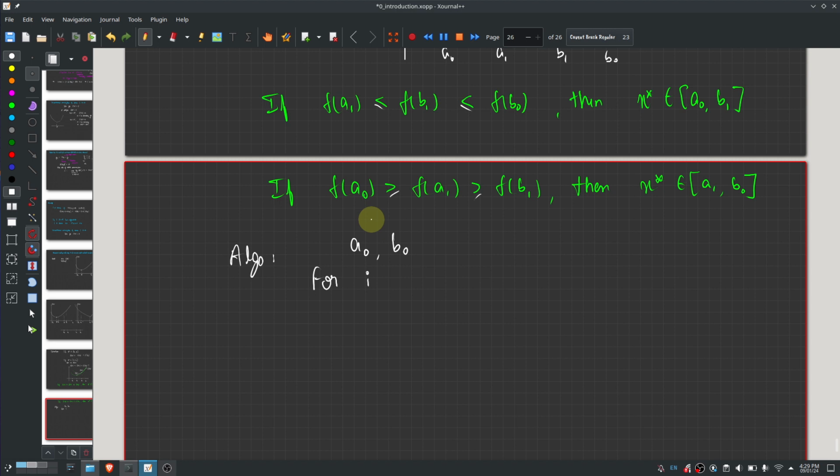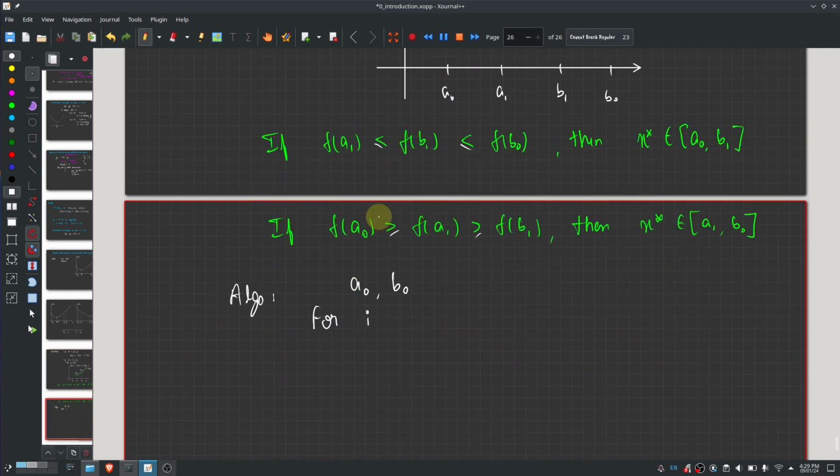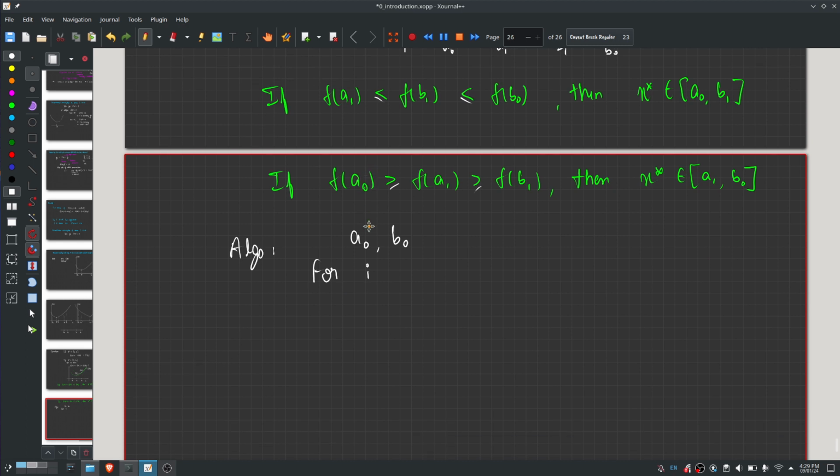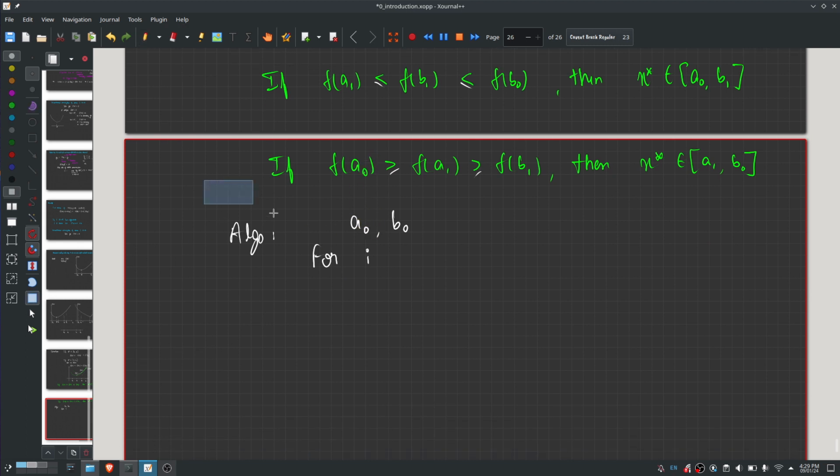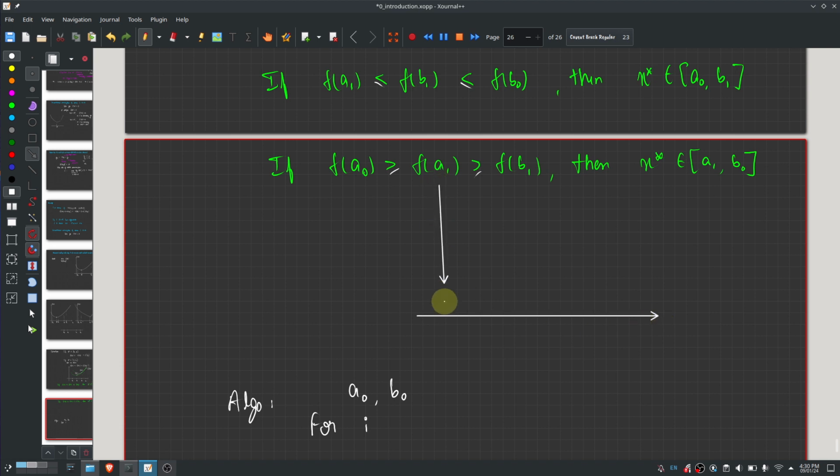The second inequality. Okay. So suppose that this happens. So this is my A0, A1, B1, and B0.